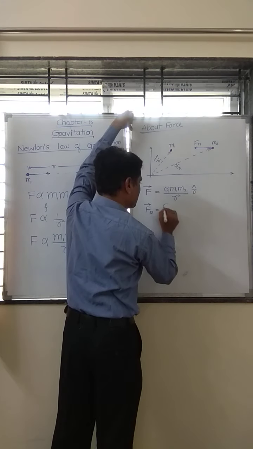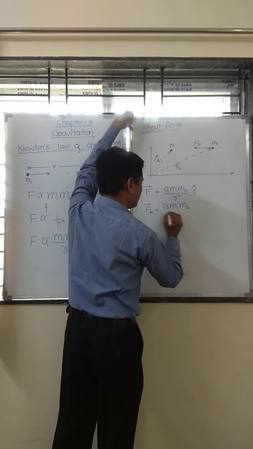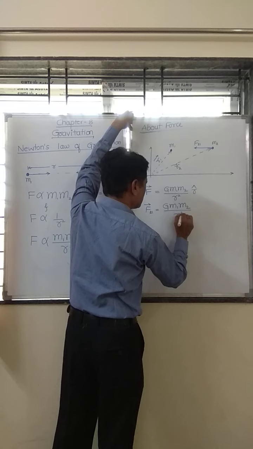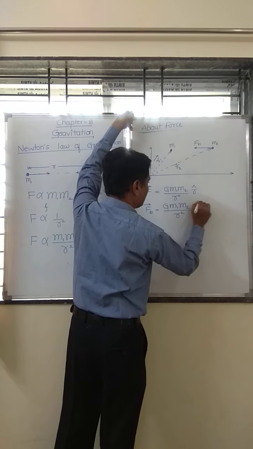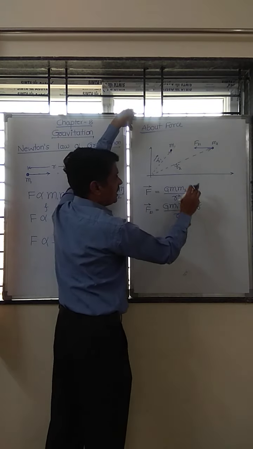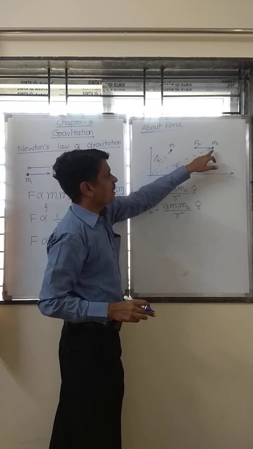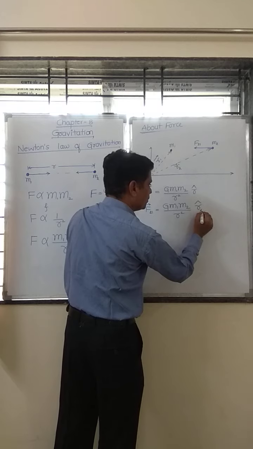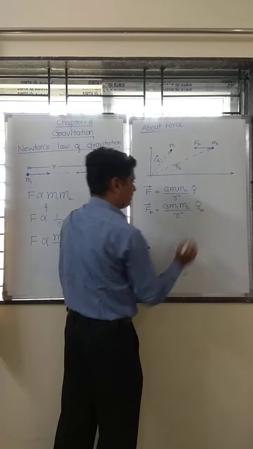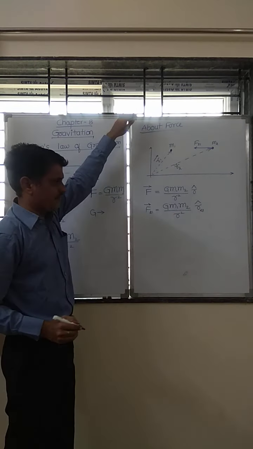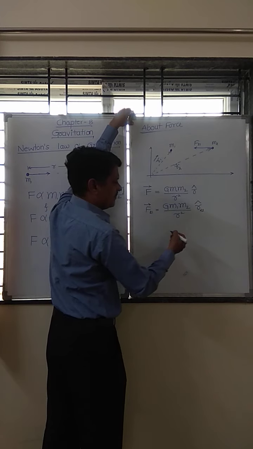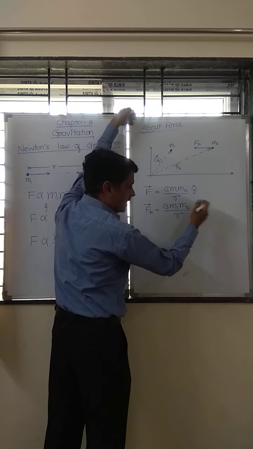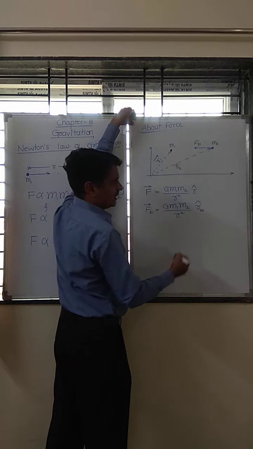That I can write as capital G m1 m2 by r square, times r cap. The direction of r cap is from m2 to m1. This can also be written in vector form.